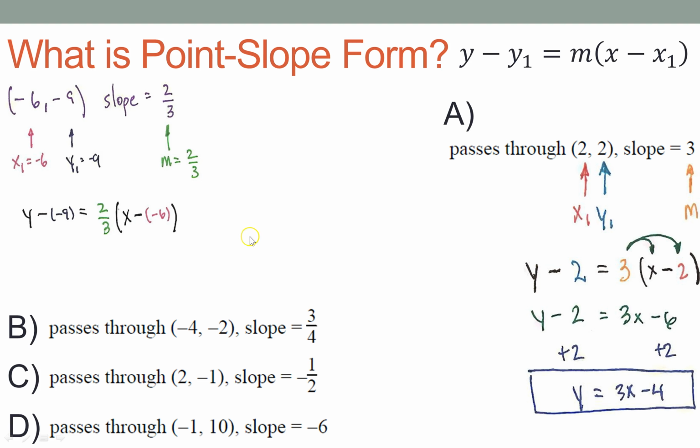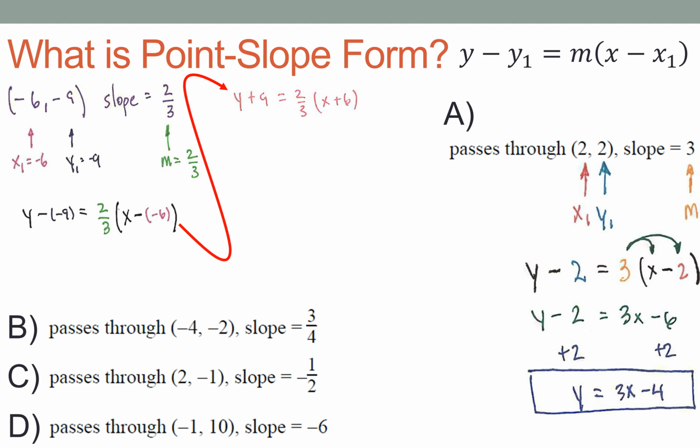You'll notice that in this example, I subtract a negative number in 2 cases. 2 negatives definitely make a positive, so my first step is to rewrite the equation without the double negatives. Now the equation becomes y plus 9 equals 2/3, open parentheses, x plus 6, close parentheses.